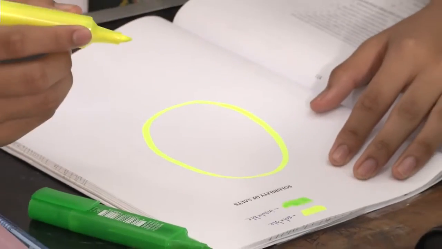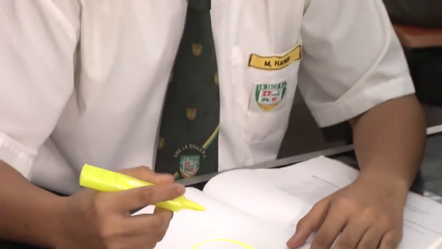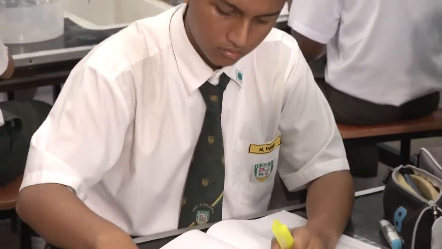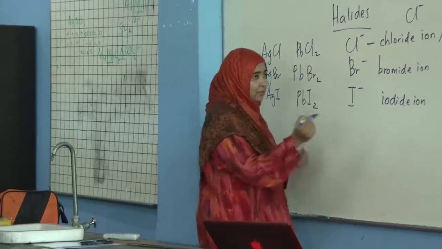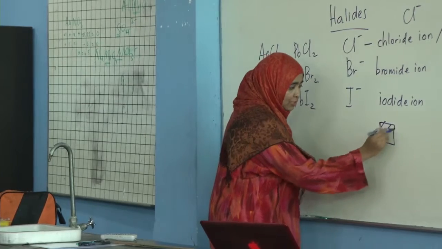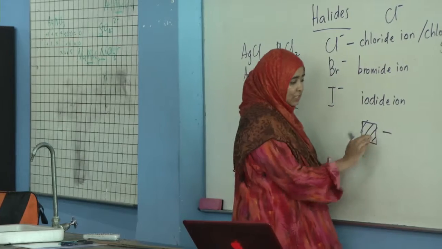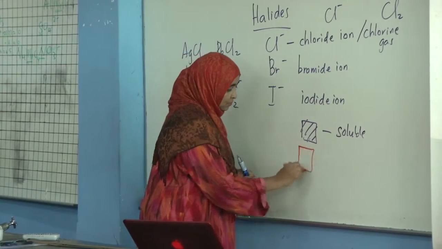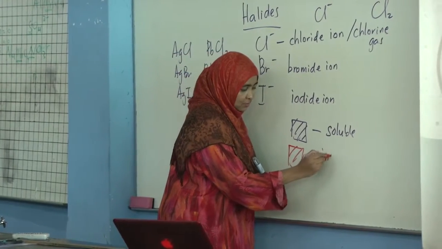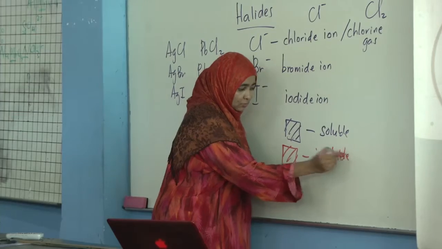Make sure you have how many colors? 2 different colors. And then, after you have drawn the circles, at the end you draw a box like this. But mine is purple. So, this is representing blue, soluble, and then my red is insoluble.